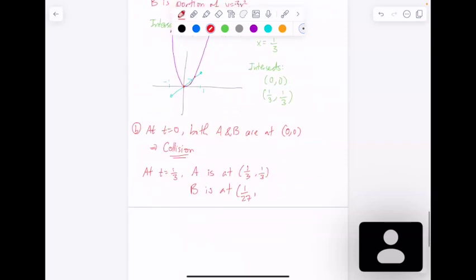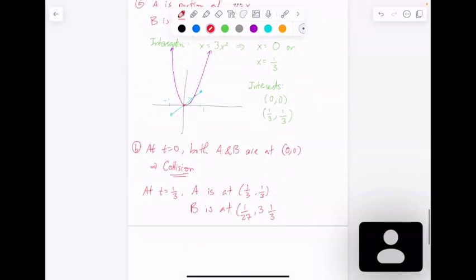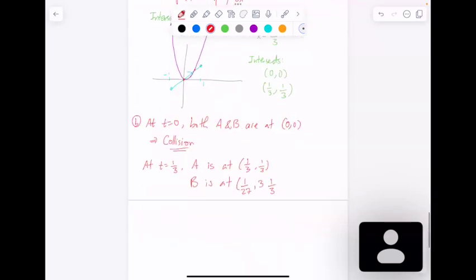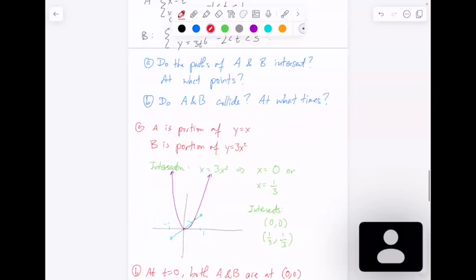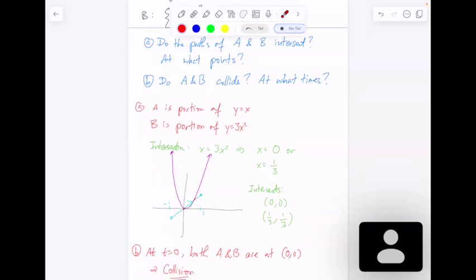So this is 3 times 1/3 to the 6th, which is like 1/3 to the 5th, right? That doesn't help. But this is not equal to 1/3 and 1/3. So no collision at 1/3. All right, so in this case, you see that the trajectories of these two particles, given the parametrizations, cross at 2 points, but they only collide at 1 point.